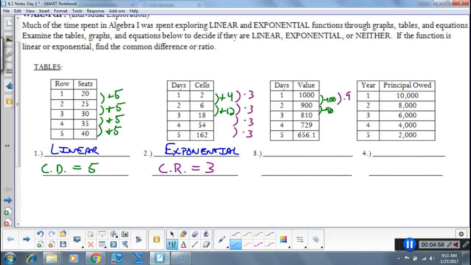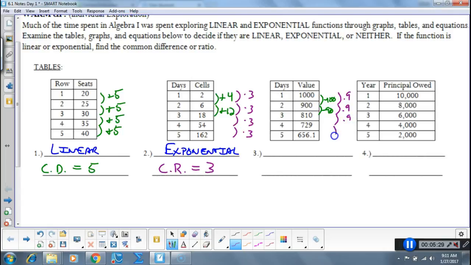Right? Okay? 1,000 times 0.9 gets me 900. Right? Well, what's 900 times 0.9? 810? Okay, so that one still holds. What's 810 times 0.9? 729?